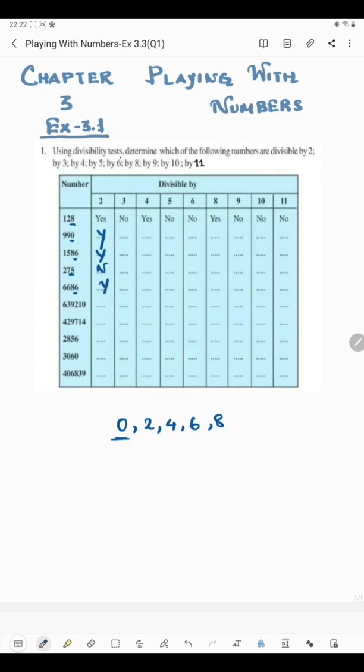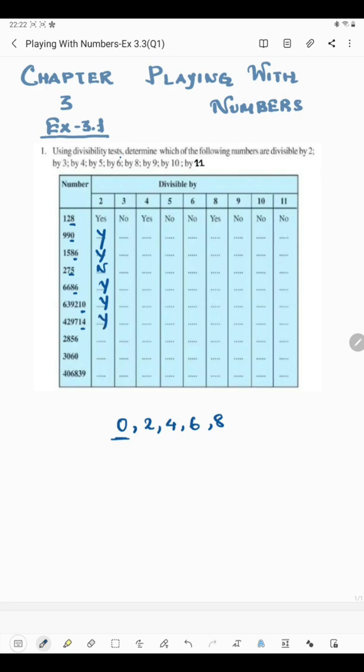So we'll write yes. Now in the next one we have 639210. Here the last digit is again an even number. 0 is an even number, so we can write that this is divisible by 2. So we'll write yes. Now next we have 429714. We have 4 at ones place and 4 is an even number, so we can say that this number is divisible by 2.